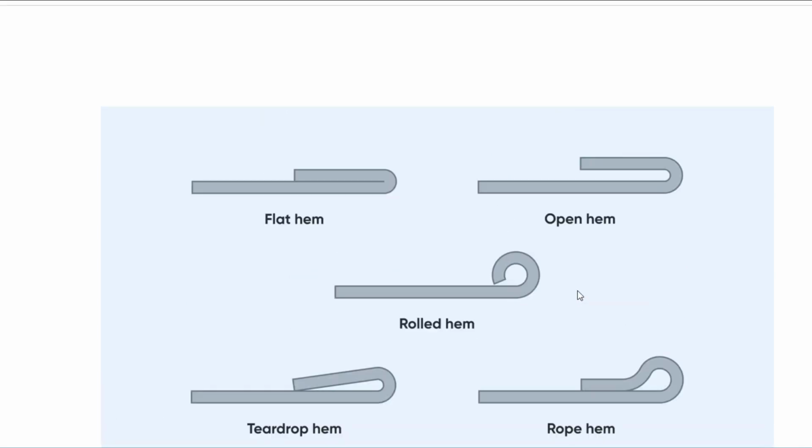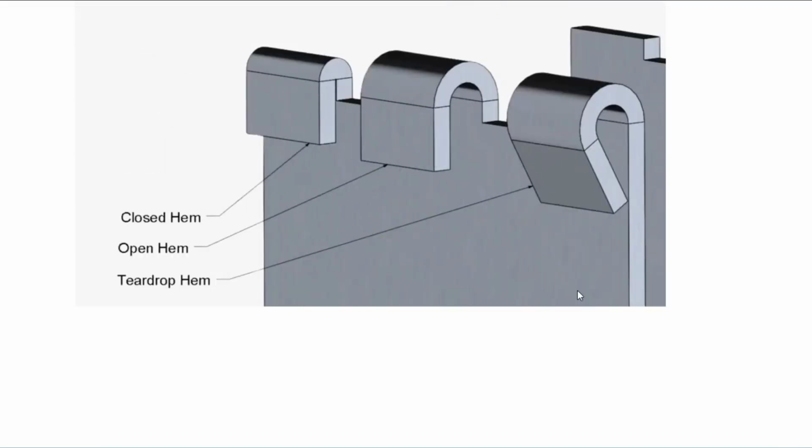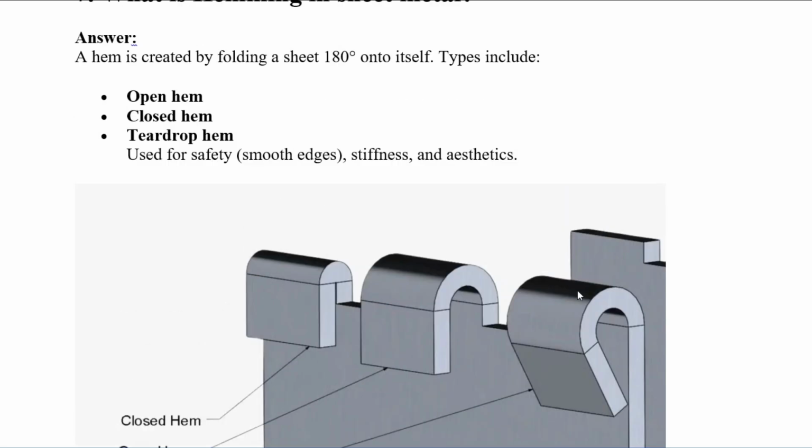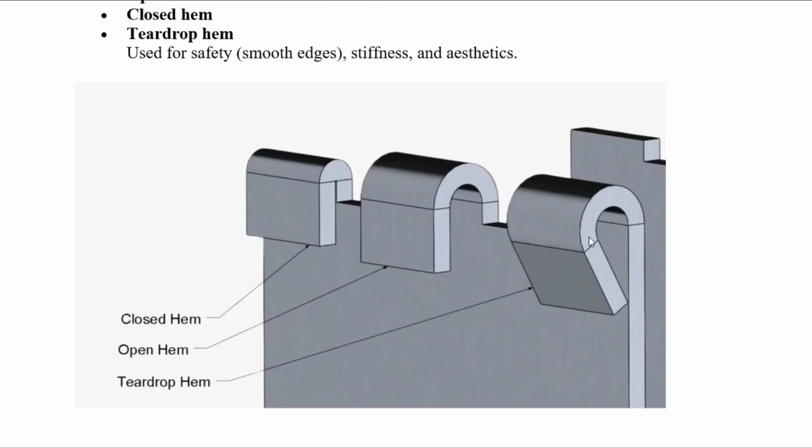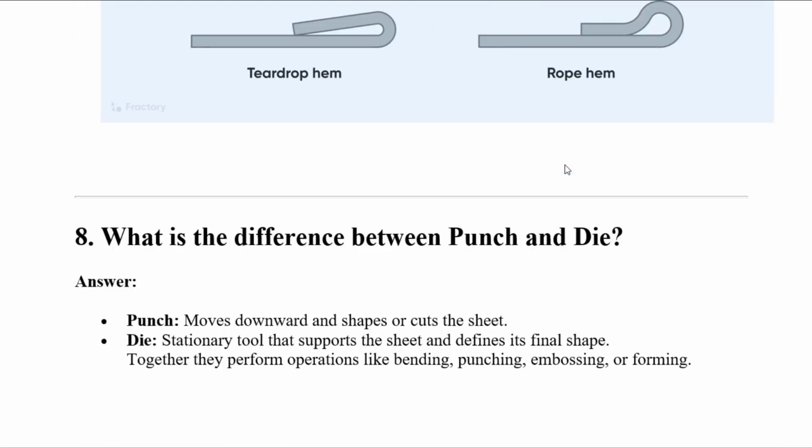To avoid any sharp corner or for aesthetic surfaces we use these hemming operations. For safety purposes like smoothing an edge, for stiffness purposes also we add the hemming, and for aesthetics as I said. So these operations we use.